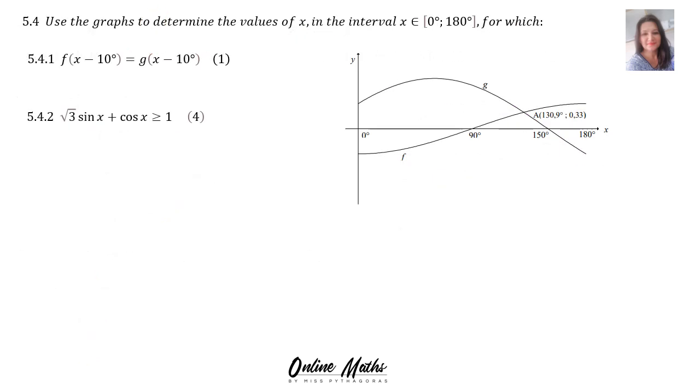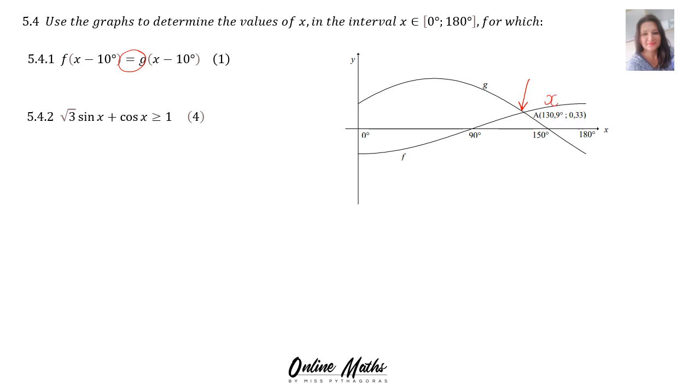5.4. Use the graphs to determine the values of x in the interval x is an element of 0 up to 180, for which, number 1, f(x - 10) is equal to g(x - 10). So this equals means it's the place of intersection of the two graphs, and the x value there is 130,9.